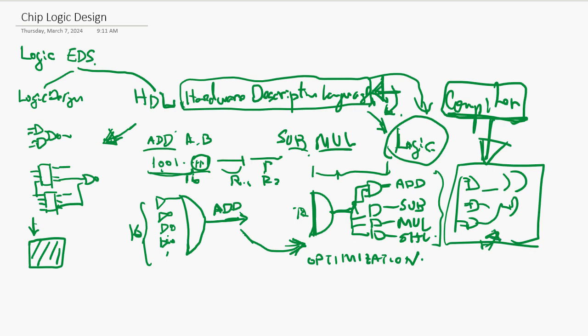So you have this kind of problem to deal with using HDL. Okay, but if you do straight logic design, pretty much the human decides all the hierarchy of the logic, and it's pretty much optimized.